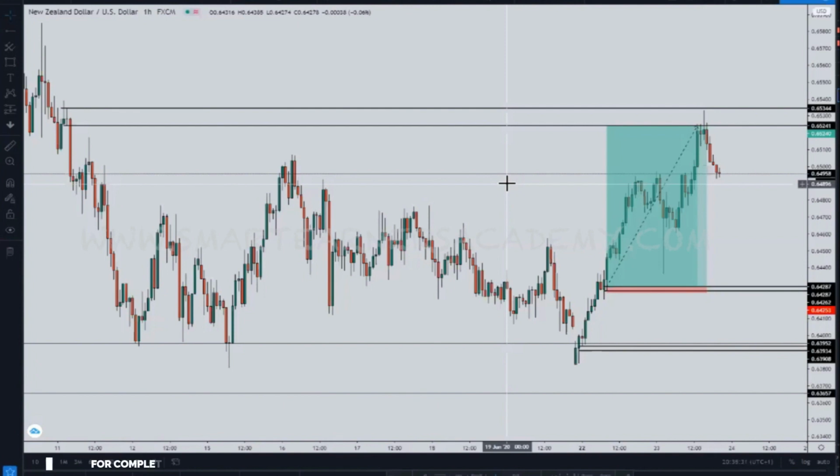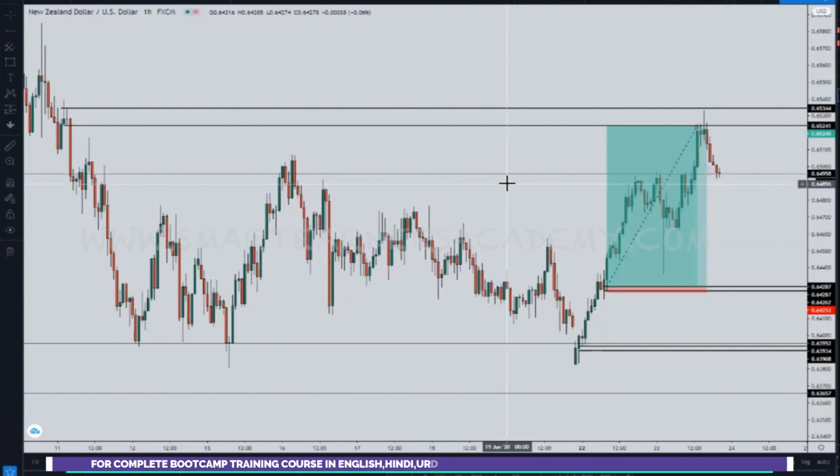Have you seen how the pair moves in New York Open? Have you seen how the pairs react at New York Stock Exchange Open? Do you know how the pair reacts at midnight? If I ask you a question, do you know how the EU moves when it's 8 o'clock? Do you know what happens? You might not know all of these things because you're not trading very specific pairs, and that's why you do not understand them personally.